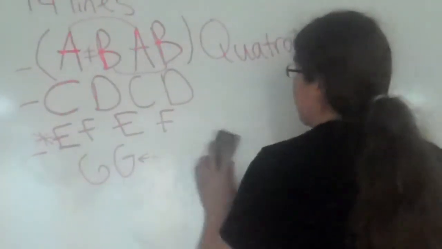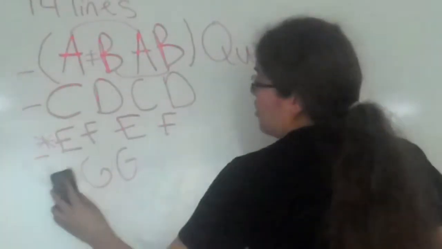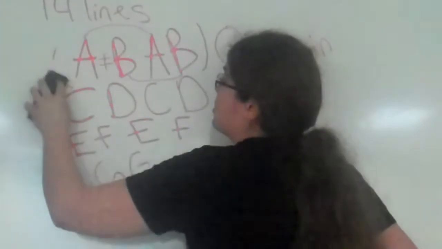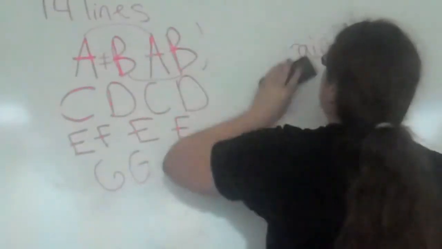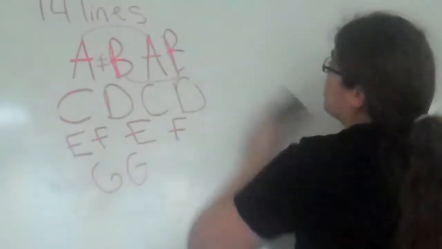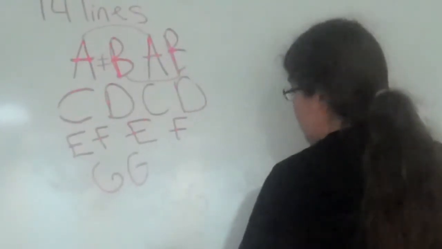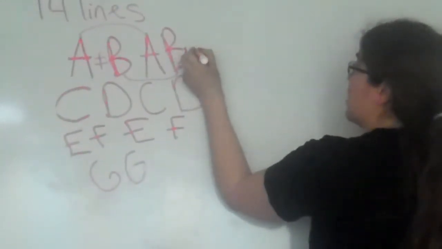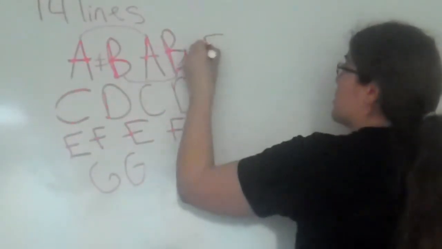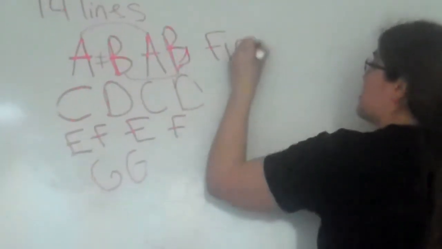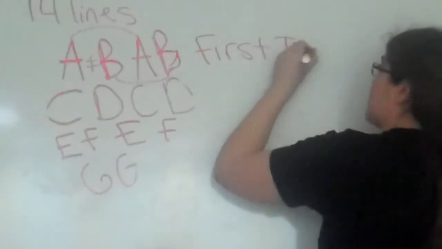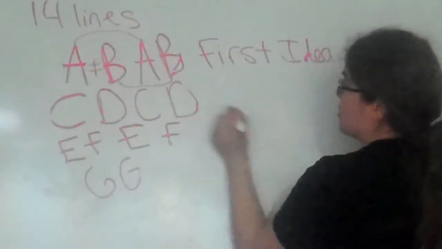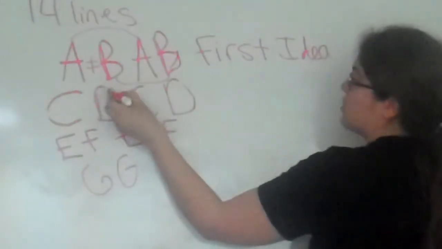So the way the ideas are usually arranged in a sonnet goes in this fashion. The first quatrain has the first idea.